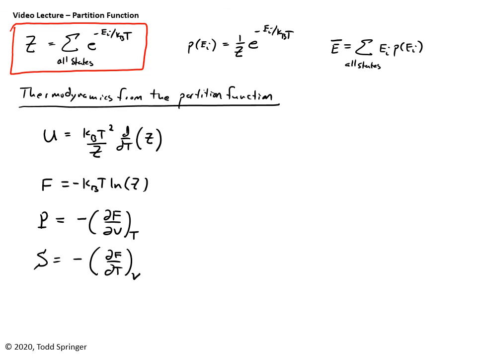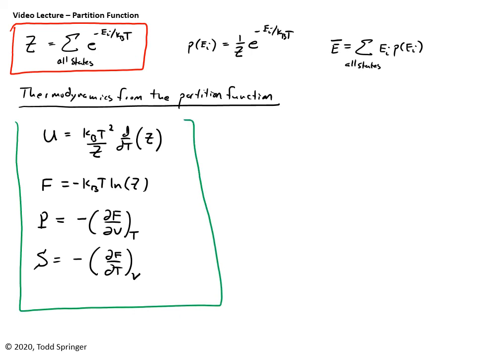That's really amazing, that you can get all of that thermodynamic information from one function, just from knowing the partition function. So that's why this is the most important quantity in statistical mechanics, because it tells you basically everything about the system.